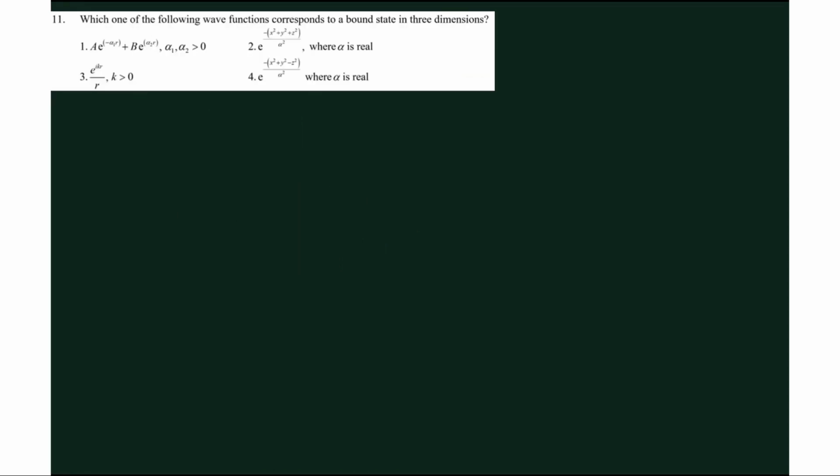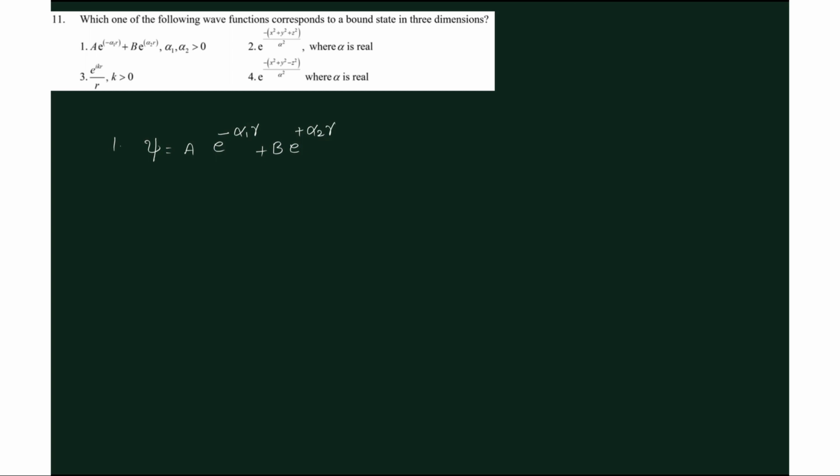Here they have given some wave functions and are asking which of the following is the bound state wave function in 3 dimensions. Take the first one, psi equal to a e raised to minus alpha 1 r plus b e raised to plus alpha 2 r.